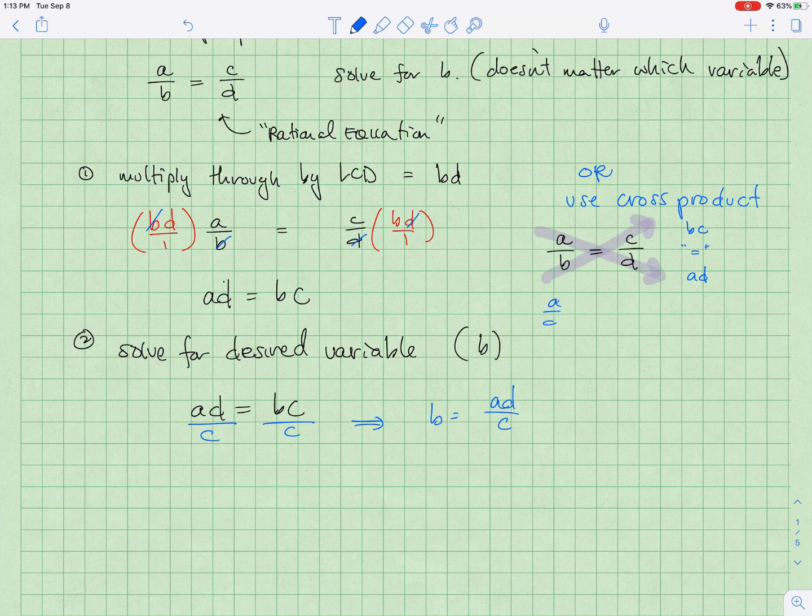So A over B equals C over D if and only if AD equals BC. And so that's the result of the cross product, and that's sort of the shortcut to jumpstart solving your equation whenever you have a proportion.